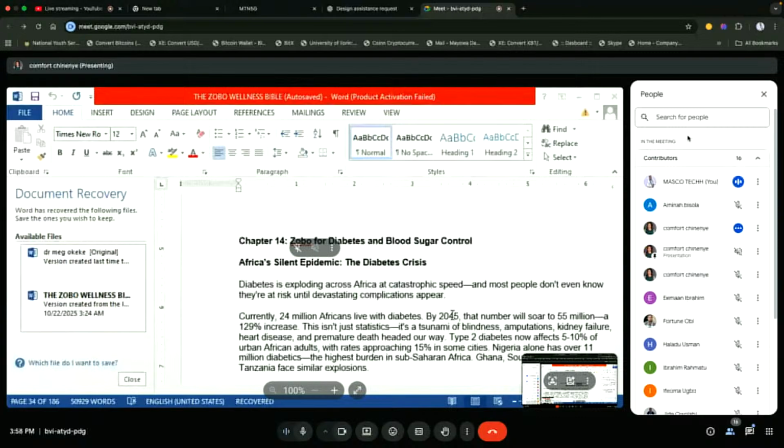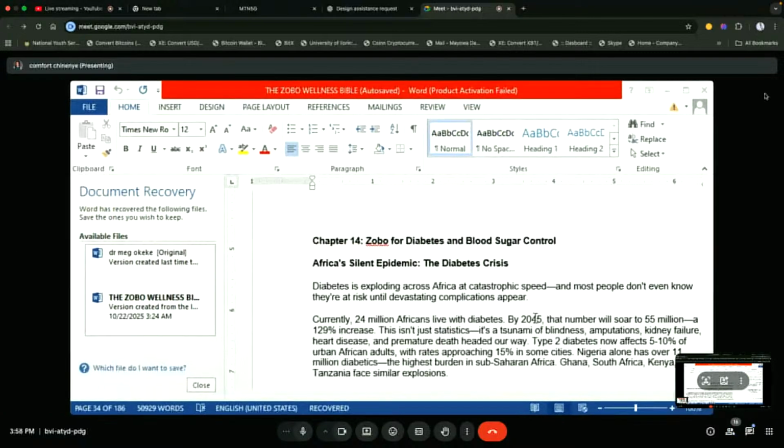But you have not put it on slideshow. Can you press F5 on your keyboard? Yes, I have F5. This is not a PowerPoint, though.